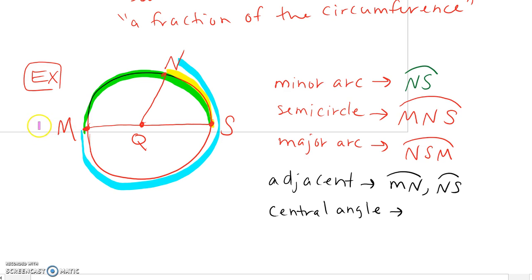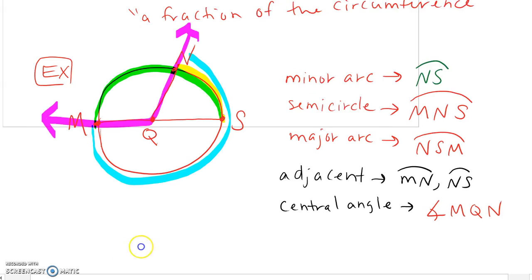So for instance, I could use this right here as my central angle. So that would be angle MQN. I put the little curvy thing on the angle just to make sure that you know I'm not writing the letter L. L's can be super confusing in geometry.